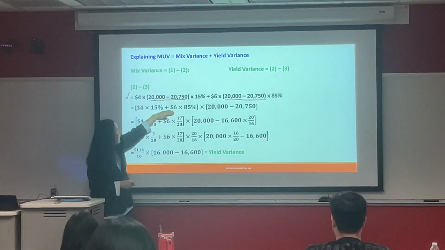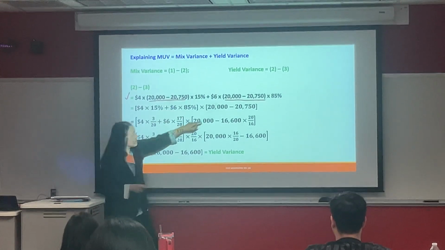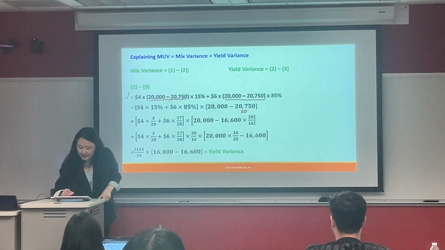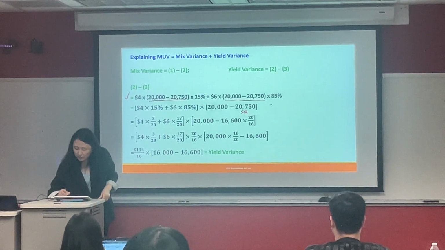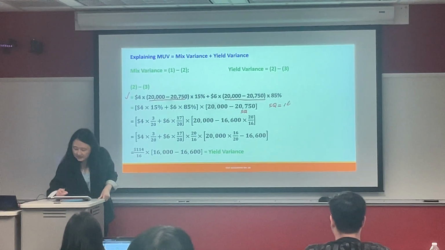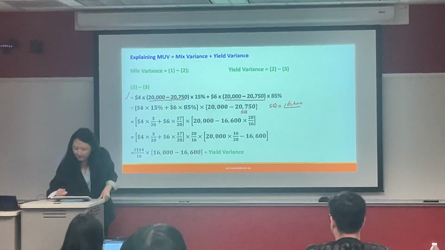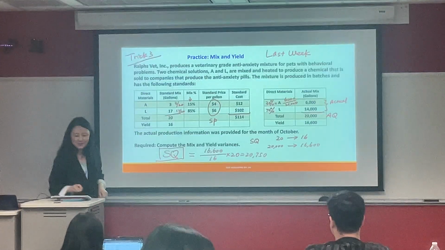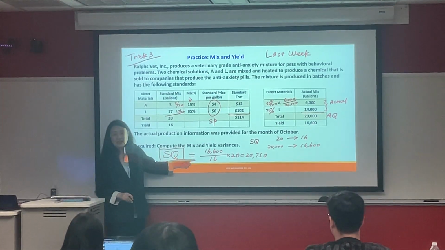All right, so now moving here, this is SQ, right? So how did we get SQ? Isn't that 16,600 divided by 16 times 20, correct? That's what we got SQ right here, correct?